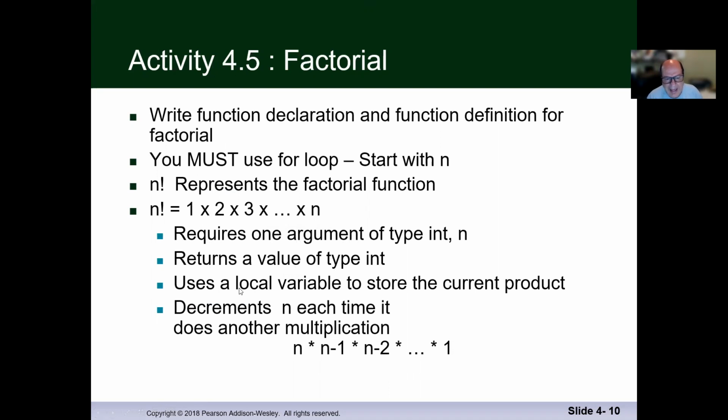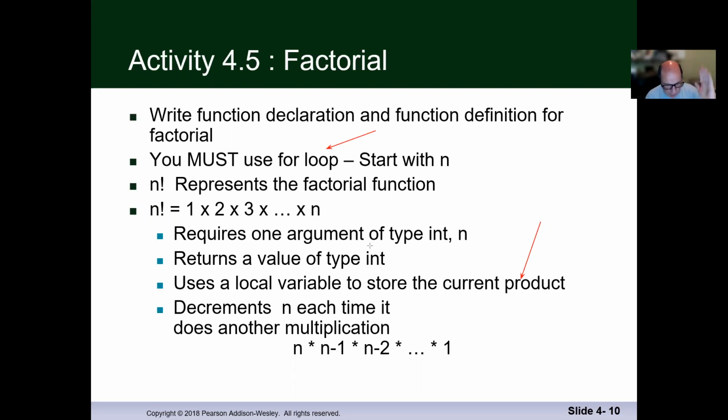We're going to have a local variable called product inside of this function. I want you to create a declaration and a function definition for this. I am asking you to use a for loop for this. Your book is using a while loop, which is fine, but I want you to practice the for loop. And we're going to do a backward for loop.